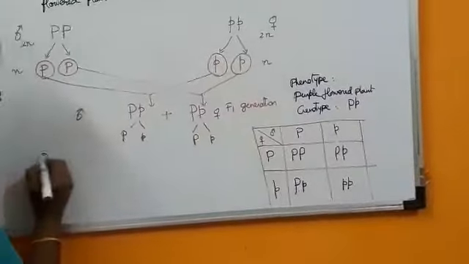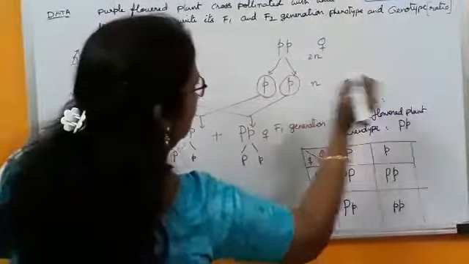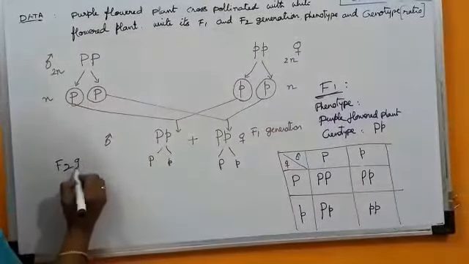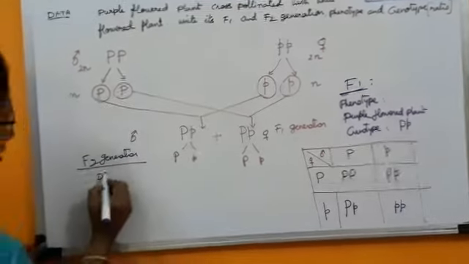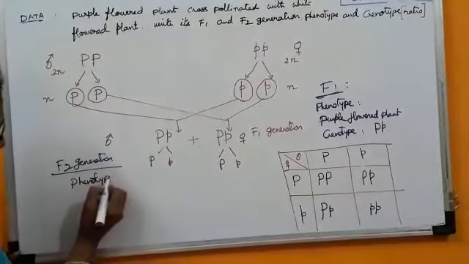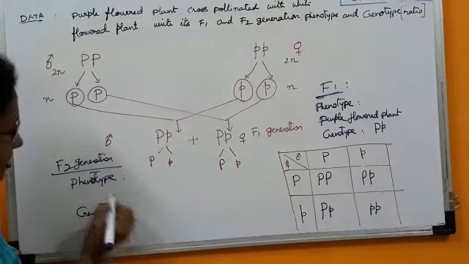Now, can you tell what the F2 generation is? This is the F1 generation, and now we are writing the F2 generation. What are the phenotype and the genotype? What is the physical appearance?